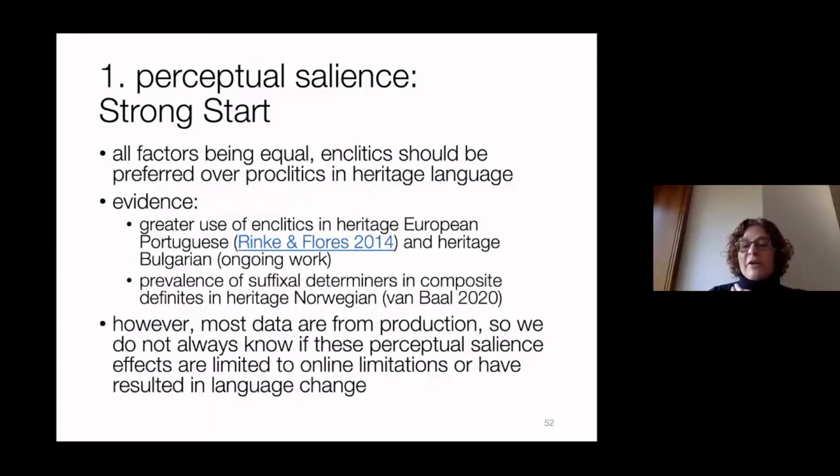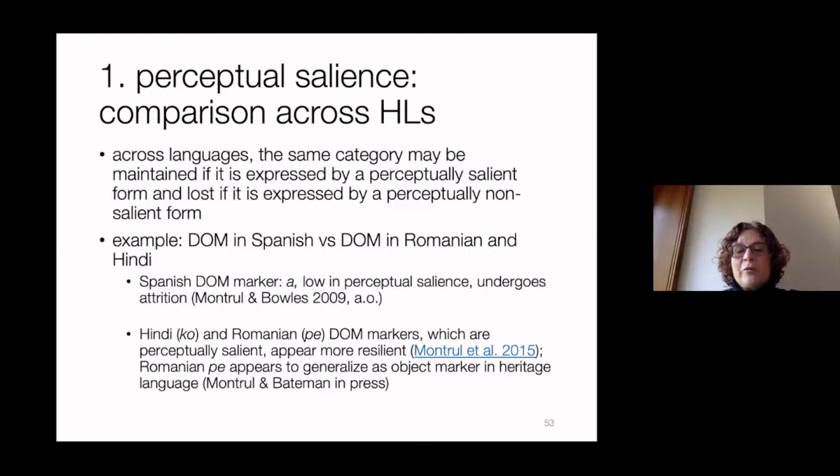A lot of these data on enclitics and data on heritage Norwegian are from production, so we don't know again whether this is perceptual salience, which is limited to online limitations, or it is something that has already resulted in language change. So in Bulgarian, what we're doing now, we're studying their comprehension. If we see that they actually accept more enclitics, then that's an indication that this has been internalized as part of the grammar.